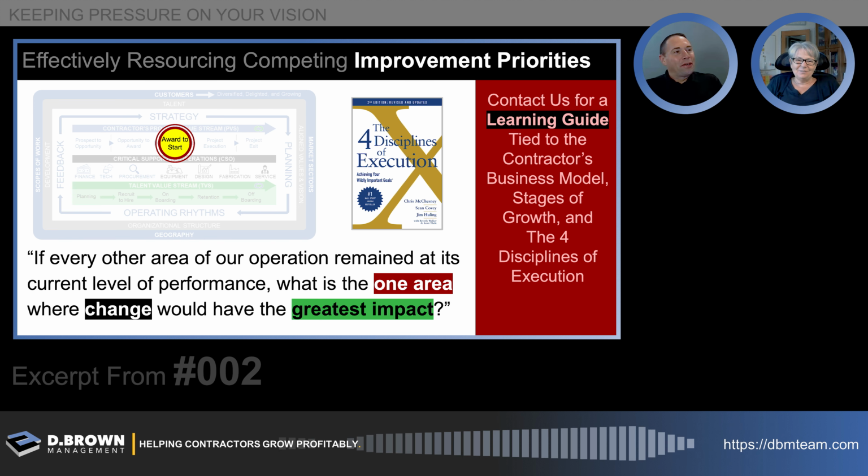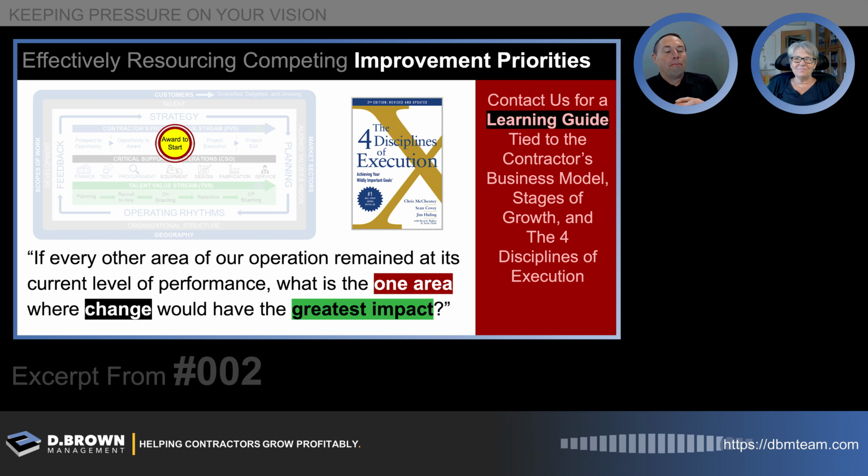Exactly. So now here's the, well, I was going to say the $1 million question. In contracting, $1 million is almost nothing these days. So here's the multi-million dollar question: okay, I see the machine, and I almost look at this as two types of leaders. Either you're a serious optimist, which I think you have to be in order to be a contractor, because a pessimist would never start a contracting business.